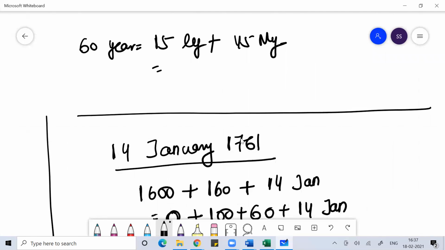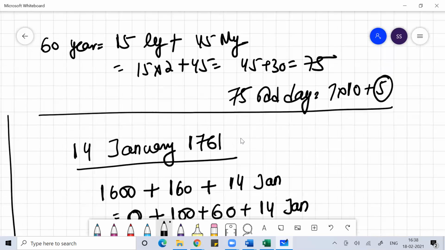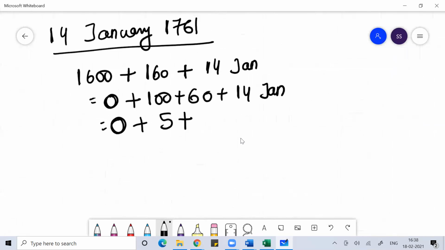So this is 30 plus 45, 75. 75 odd day means 7 into 10, 7 week plus 5 day extra.